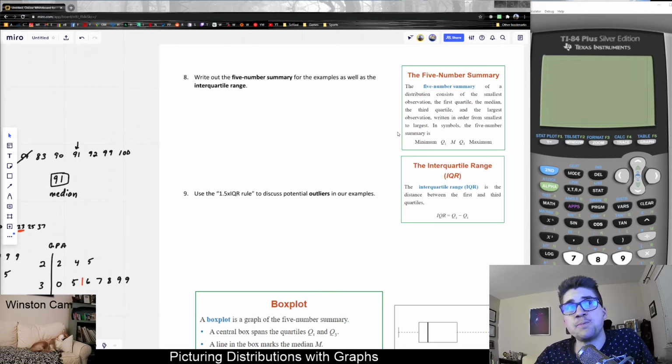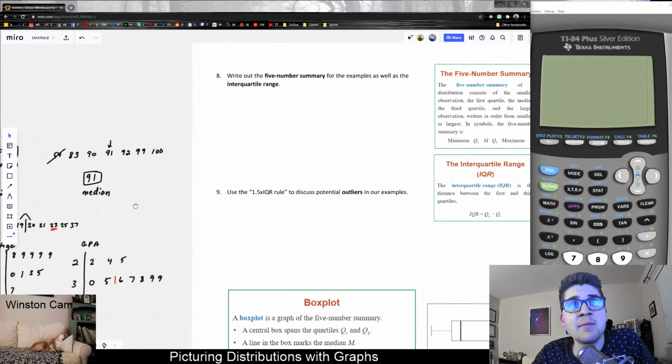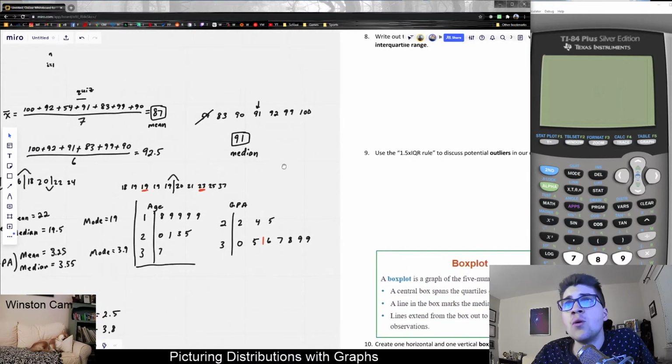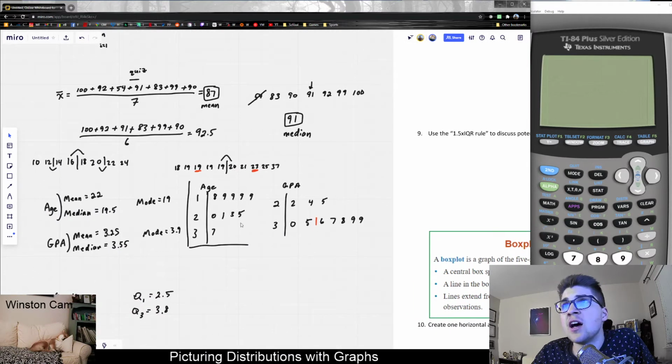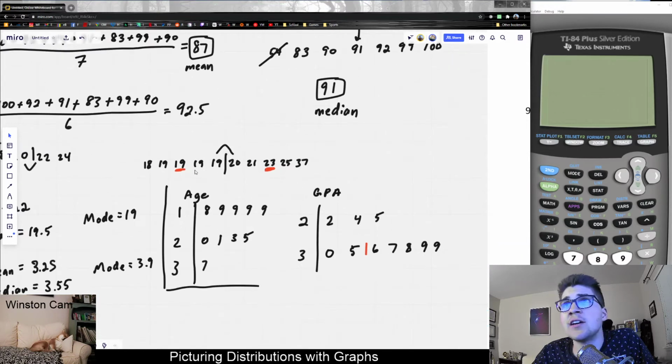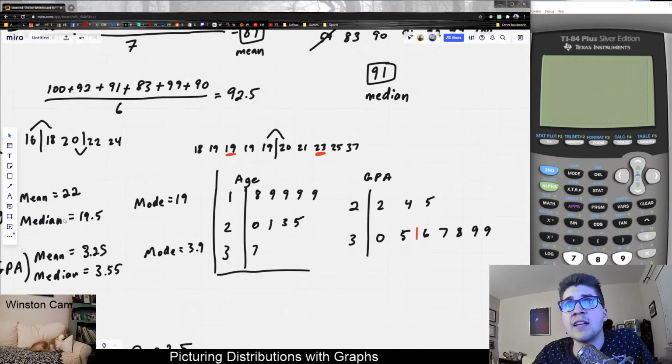So let's go ahead and write out the 5-number summary for our age and our GPA. Again, sticking with the same data that we've been working on. For our ages, we listed them all out on the previous page, but our median was 19.5.